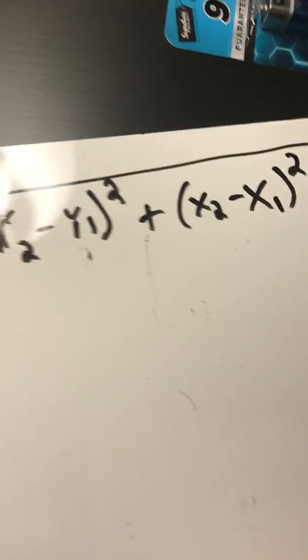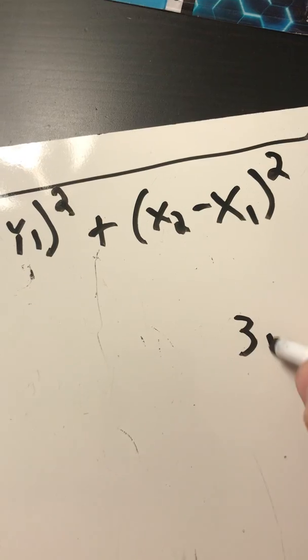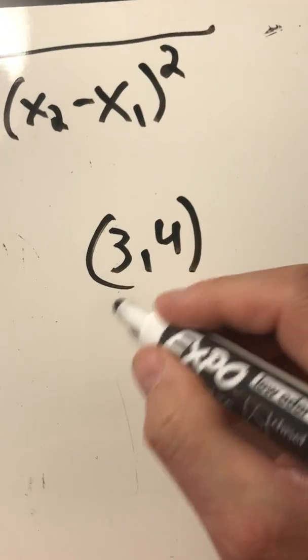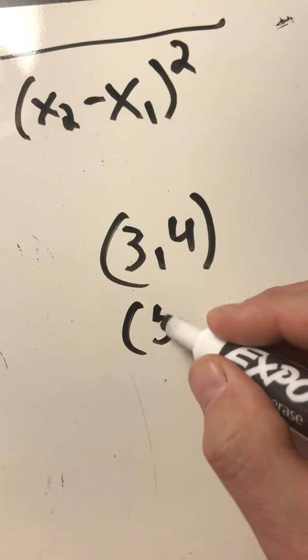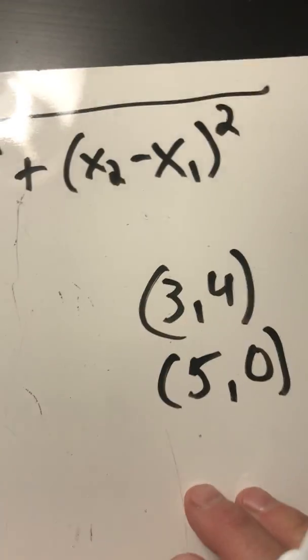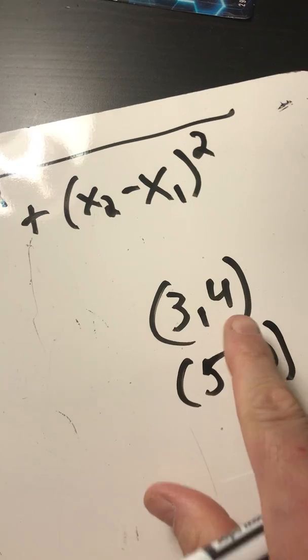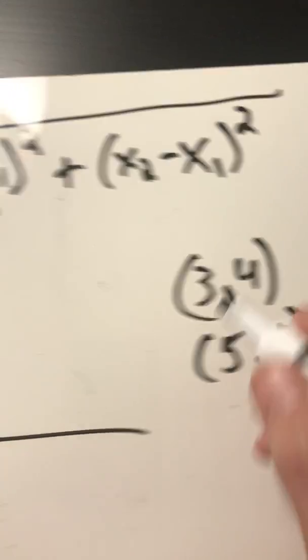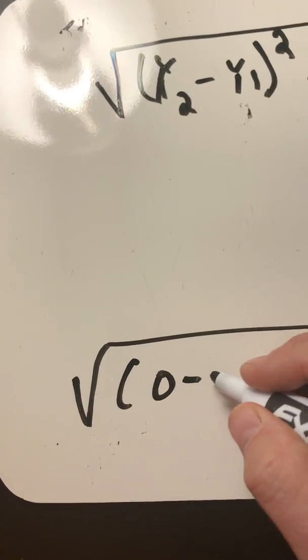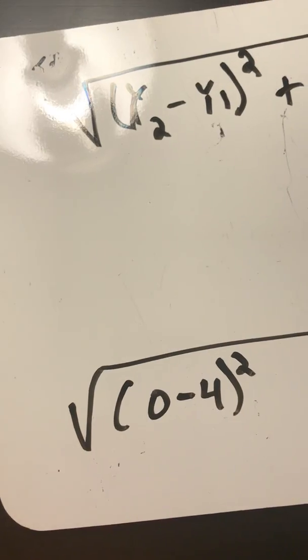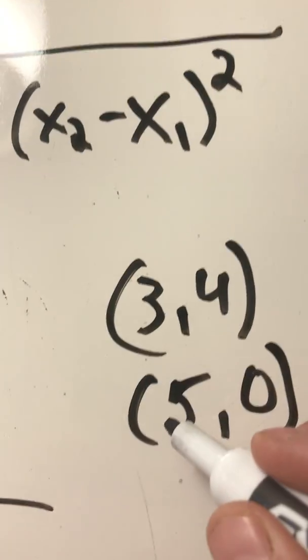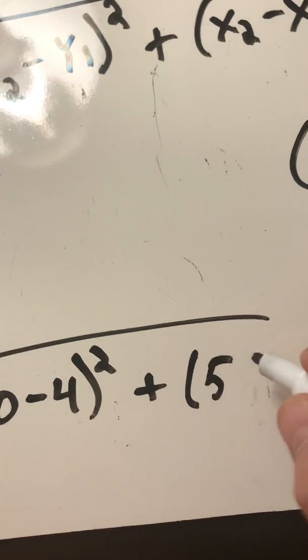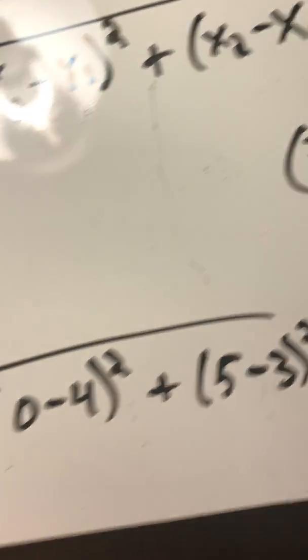So if they give you 2 points, let's just pick them. I don't know. 3, 4. There's 1 point. And the point 5, 0. All right? So this is x1, y1, x2, y2. So the distance formula says it's the square root of y2, which is 0, minus y1, which is 4, plus the difference between x2 minus x1 squared.